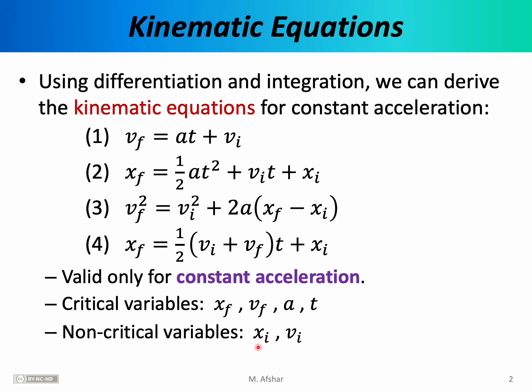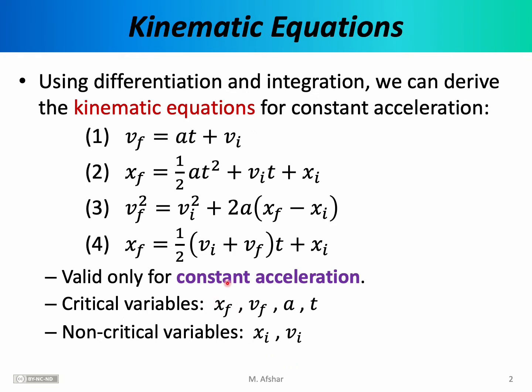For example, x initial is usually set to 0. We often just assume that that's the starting position of an object. That's how we usually choose our coordinate system. V initial is usually given to you. For example, if you're told that a motorcycle starts at rest at a traffic light and then accelerates forward, that's basically telling you that v initial is 0. So these 2 variables are easy to figure out.